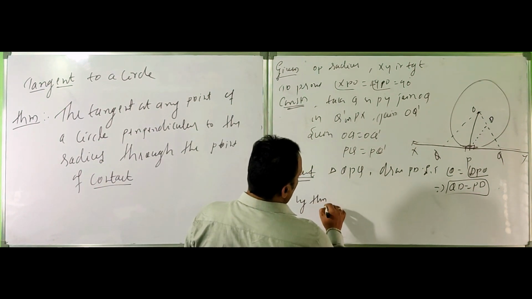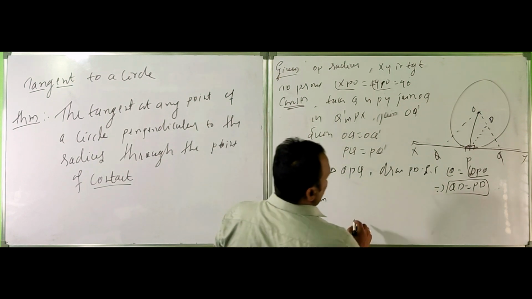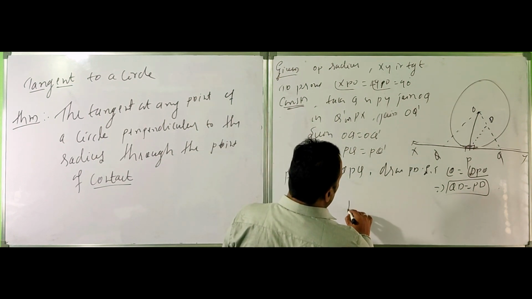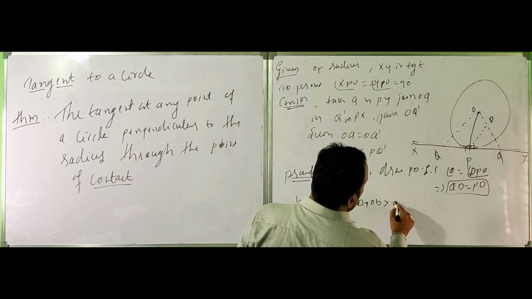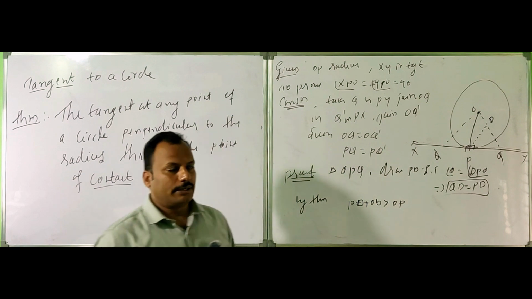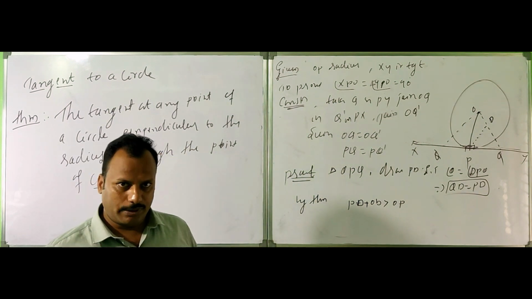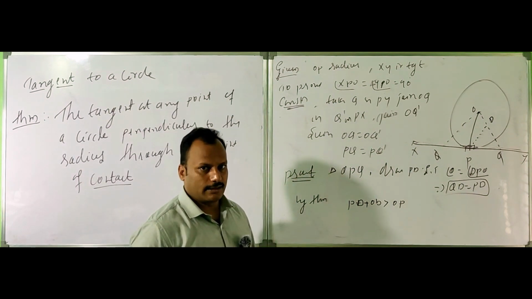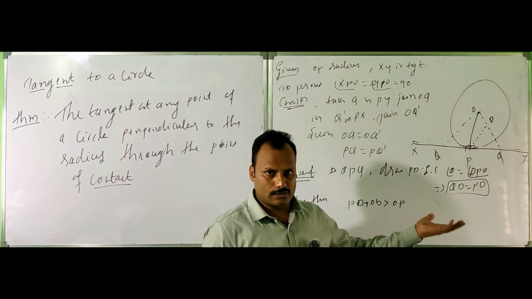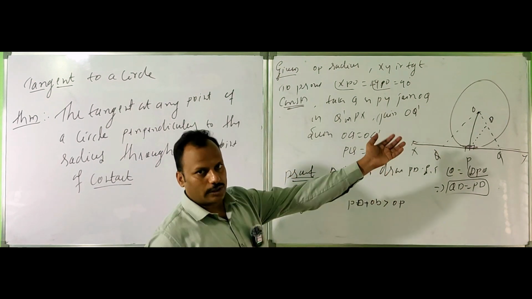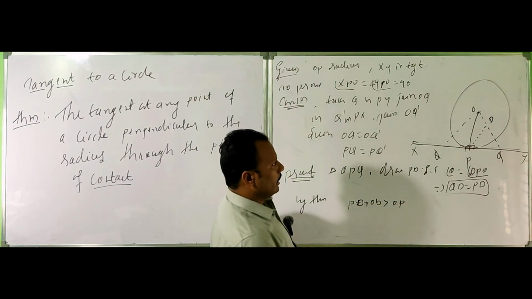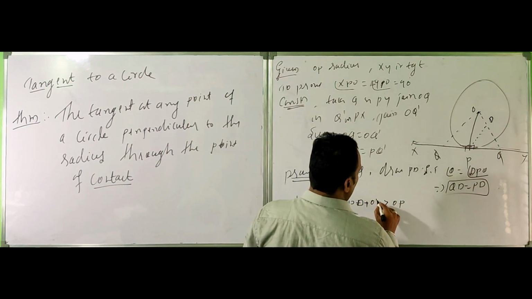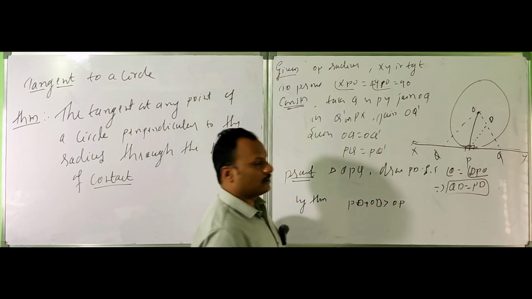PD plus OD is greater than OP. By seeing the picture we can tell also, but this is the fundamental theorem in the triangle. PD plus OD is greater than OP.